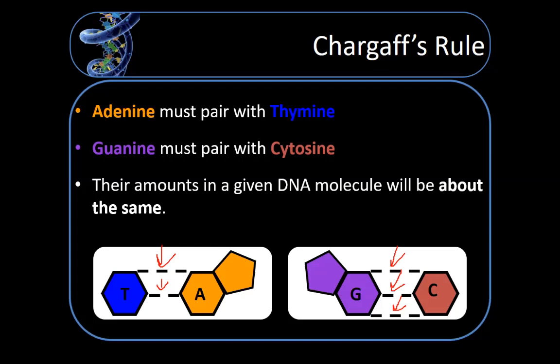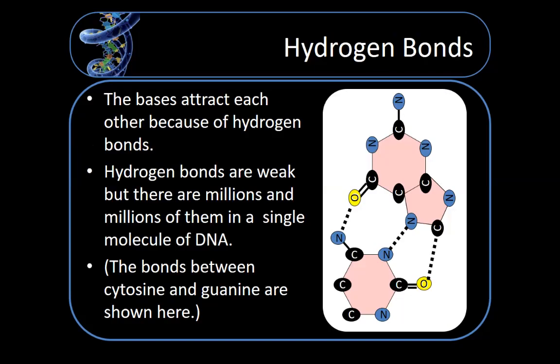So why would we go ahead and use the weakest bond of the 3 to attach this very important molecule? Can anybody think of an answer? It's because there are millions of them. But at the same time, because they're weaker, they're easier to make and to break.